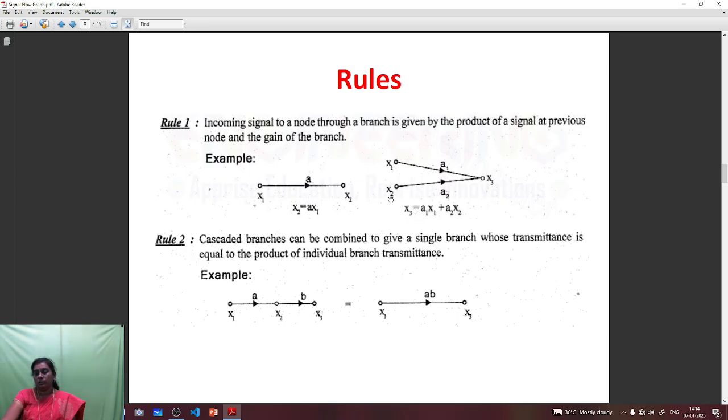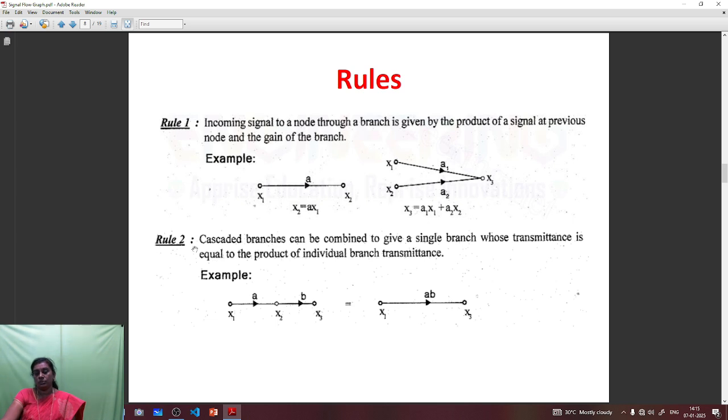And another input is x2, so you should multiply the corresponding gain in the branch, that is a2, so x2 into a2. So you have to add both the inputs, so x3 will get the output as a1 x1 plus a2 x2.